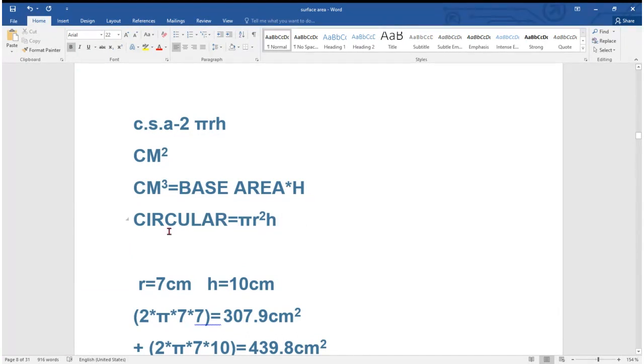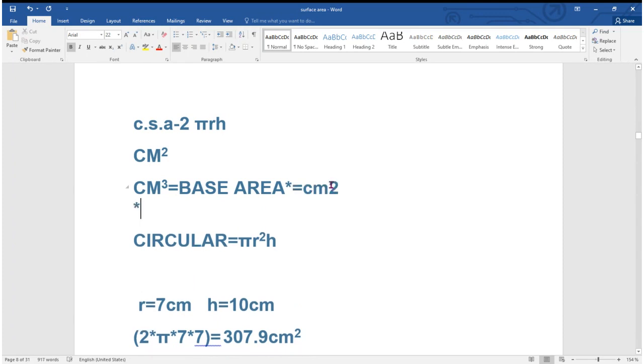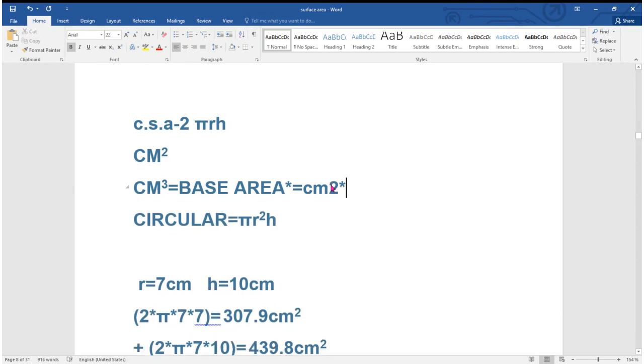The base is circular. So how to find the area of a circle? Pi r squared, then you multiply by the height. As you can see, area is found in centimeters squared, and then you multiply by the height.